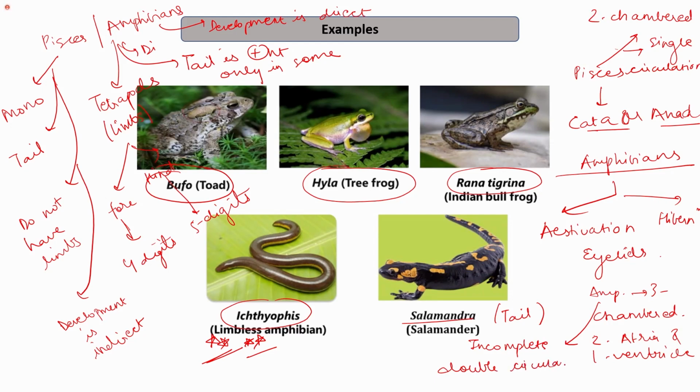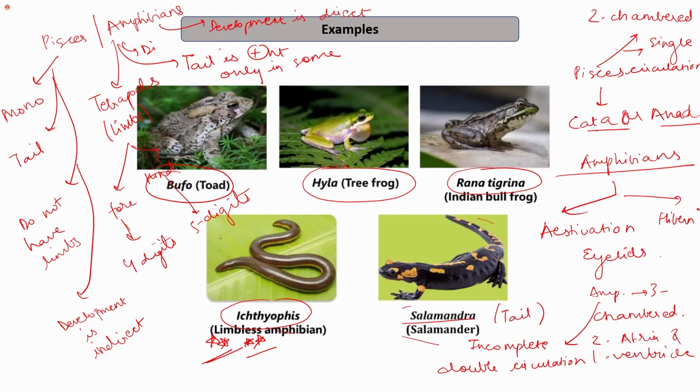Right? So these are the differences, and these are the examples. For example, the bufo, toad, hyla, which is the tree frog, rana tigrina, which is the Indian bullfrog. Next is the Ichthyophis, which is the limbless amphibian, and the next is the salamander, which is the salamandra, that is the salamander that has the tail.